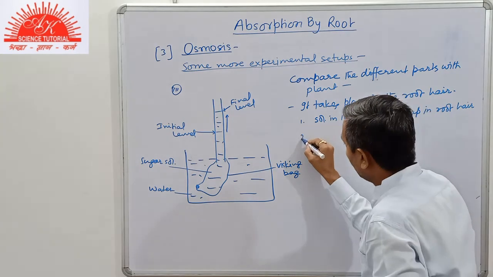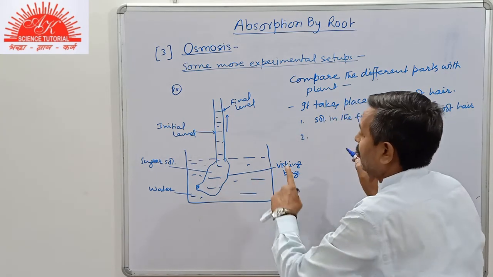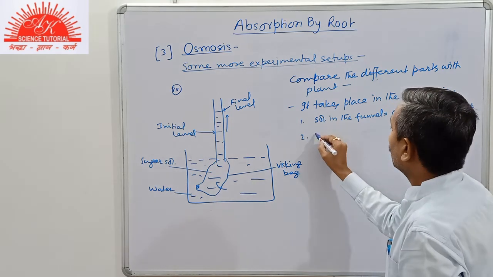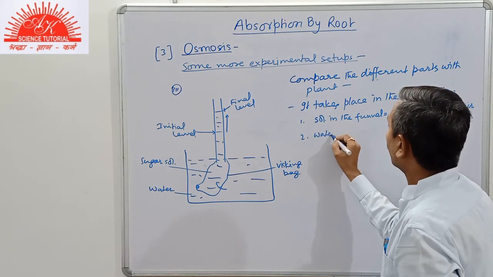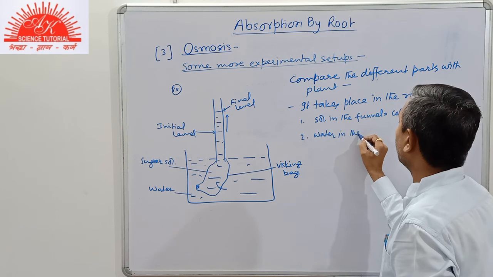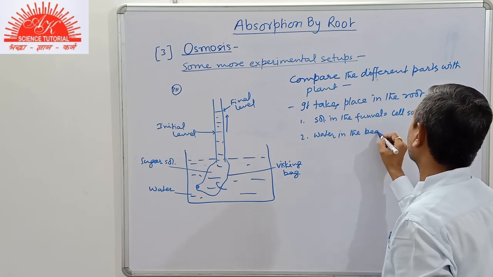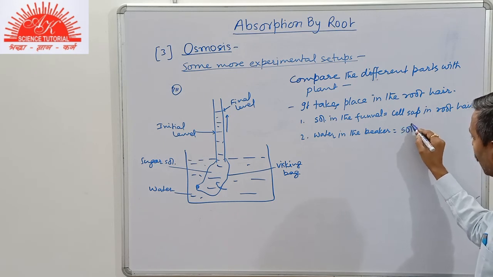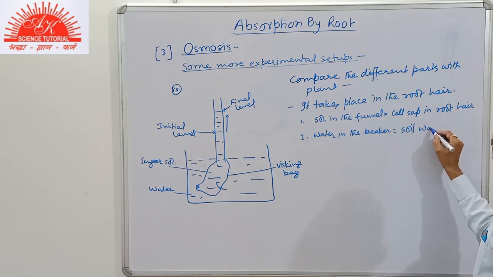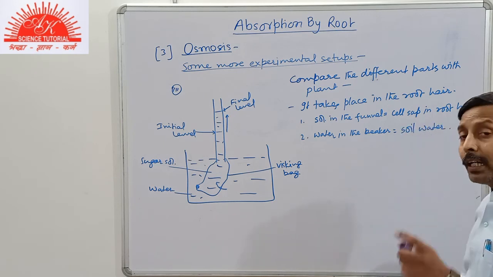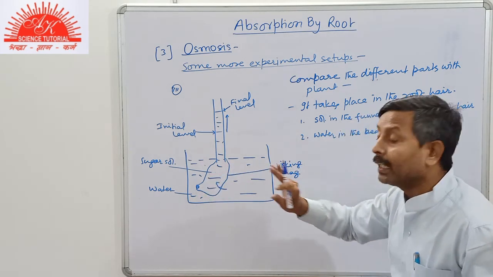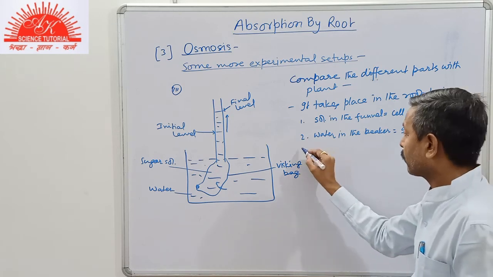Next, the water surrounding it, across which the osmosis is taking place. So the water in the vessel or in the beaker will be similar to the soil water, because the root hair cell is surrounded by the soil water, which moves across the cell membrane into the root hair cell.